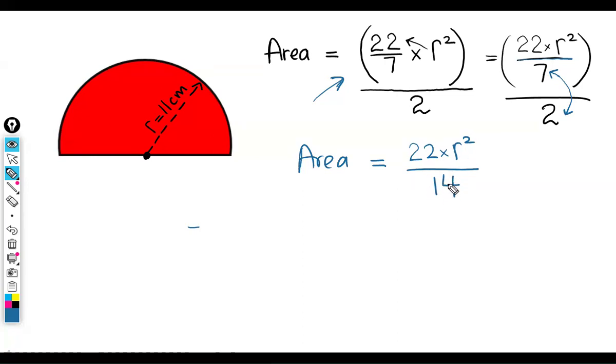Use this formula and tell me if you get the same thing, if you get roughly 190. Take 22 multiplied by the radius squared. You know the radius is 11, so you say 11 squared, and then divided by 14. And tell me if that also gives you roughly the same answer we got just now.